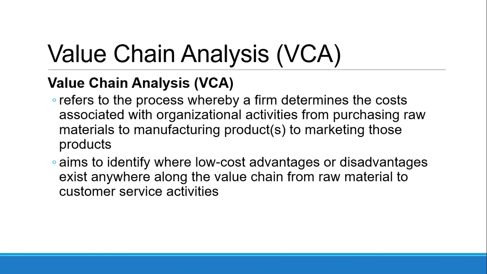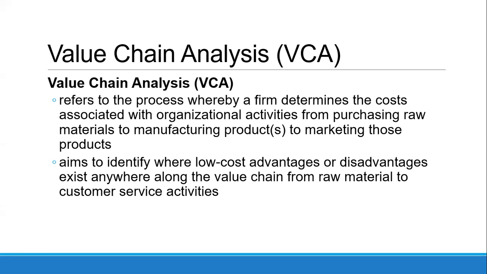So the main idea behind any value chain analysis is that the operations of a given business can be broken down into a series of interconnected activities. And each of these interconnected activities adds value to the product or services presented by the company.